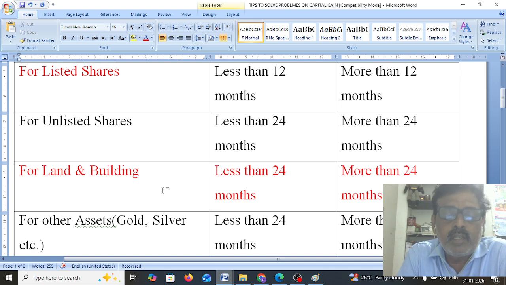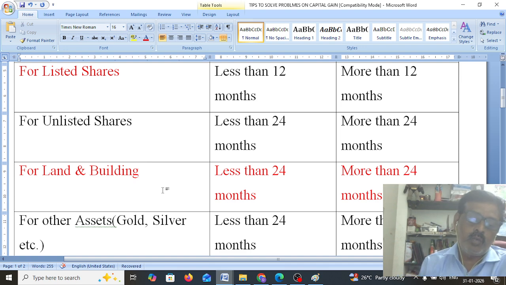If land and buildings are kept for less than 24 months, it is a short-term capital asset, and if it is kept for more than 24 months, it is long-term. For assets like jewelry, gold, silver, any other assets for that matter, again 24 months and more than 24 months.